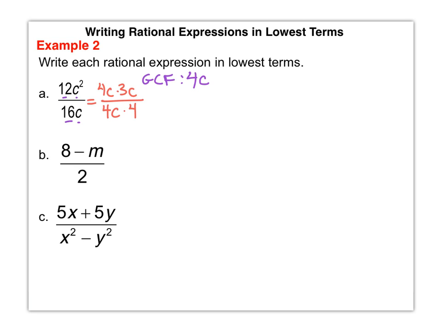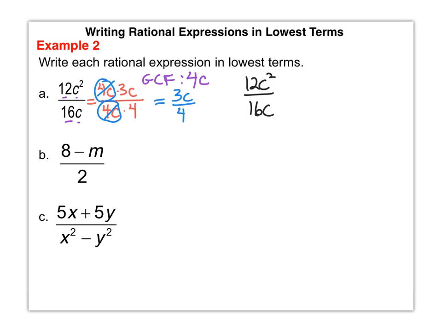So those common factors of 4c can divide out, and the rational expression can be expressed in lowest terms as 3c divided by 4. So when you're looking at rational expressions, let's write it again over here, 12c squared over 16c, you can simplify the rational expression by factoring out those greatest common factors.